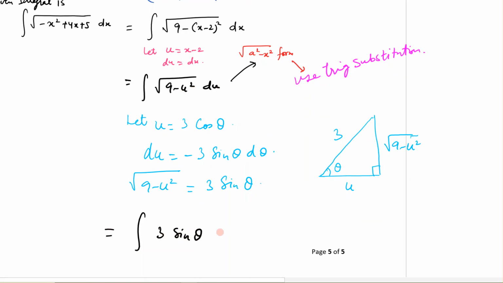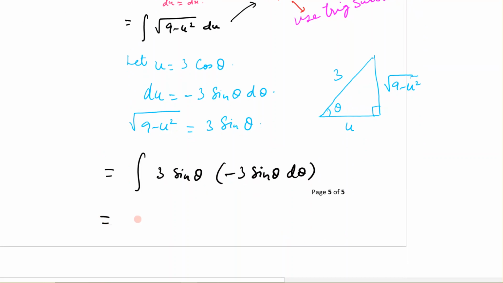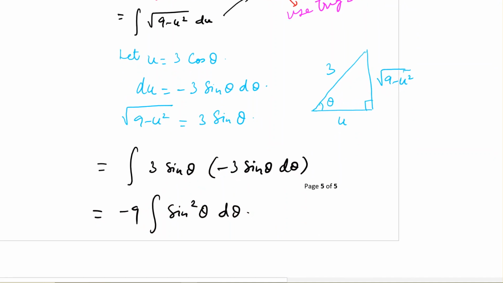In place of du, we get -3 sine theta d theta. So thus we get, 3 times 3, so -9 outside, inside we have sine square theta d theta. Now we can use the identity that sine square theta is equal to 1 minus cos 2 theta over 2, which is half minus cosine 2 theta over 2.